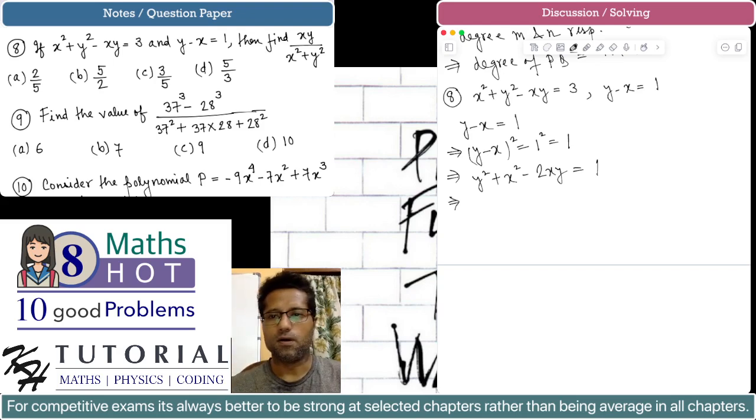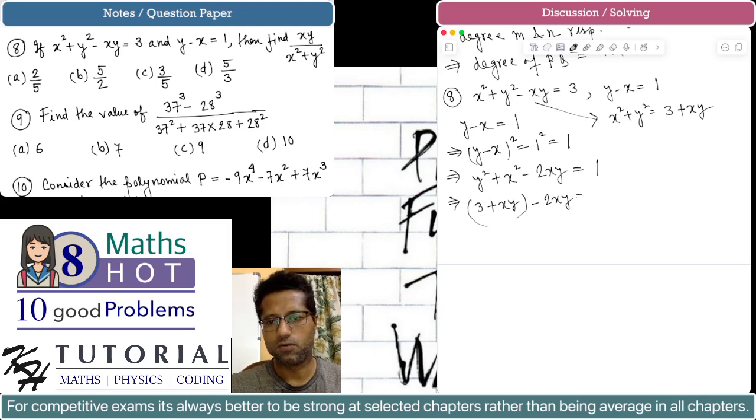Now we also know from the given fact that x square plus y square is equal to 3 plus xy. So if I substitute the value of x square plus y square as 3 plus xy, we get 3 plus xy minus 2xy is equal to 1.